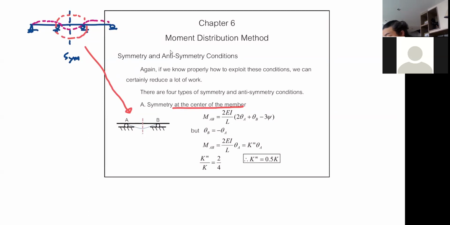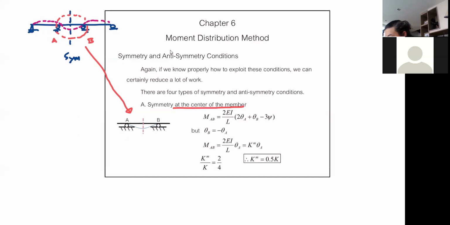So now when you look at this, this becomes your A, that becomes your B. MAB, this is again the slope deflection equation. But in this symmetric condition, we know that zeta B is equal to minus zeta A, right?